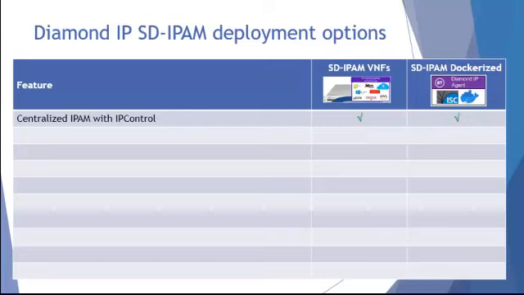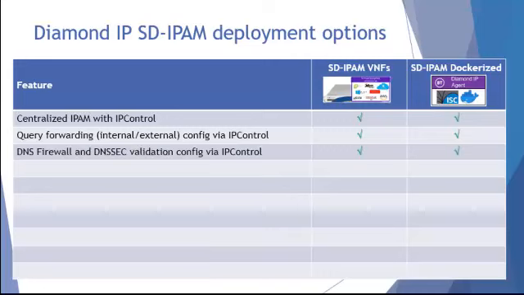There are some differences, though, in these deployment options. With the SD-IPAM VNF, it's basically an appliance where we have really a lot more control than a container, where we're really just providing the DNS service itself. With the VNF, we have more control. But with both, you get the centralized control of the centralized IPAM, you get query forwarding, internal, external, also supporting the DNS firewall and DNSSEC validation, so you can configure that all centrally through IP control.